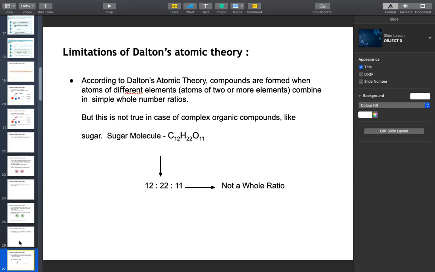It's not like 1:2 or 1:3:5, it is 12:22:11.